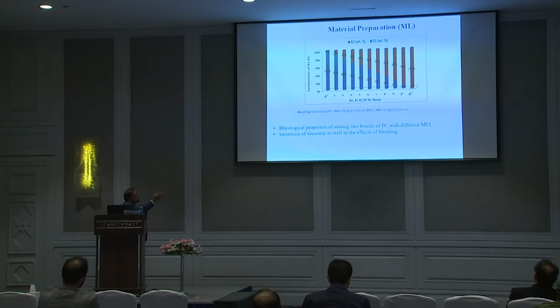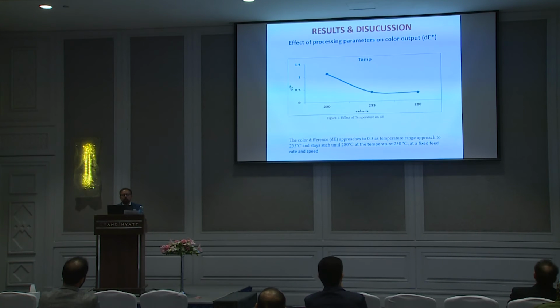All these formulations I ran under the microscope and under the rheometer to get the result for each step, in order to check the probability of mixing and the variation of the polycarbonate, and finally to see the effect of variation in viscosity, because viscosity is the most important factor in studying the color change.